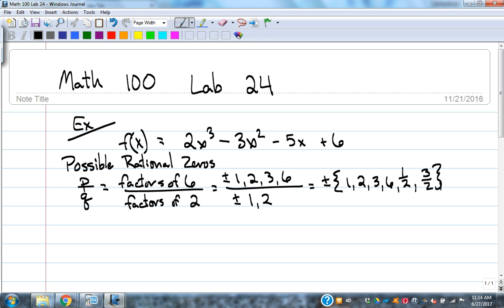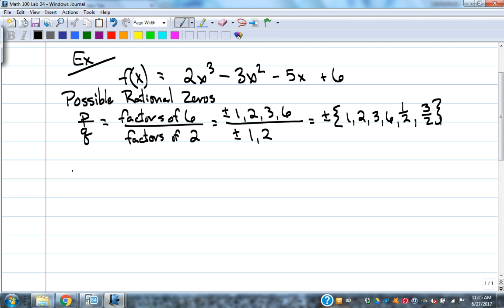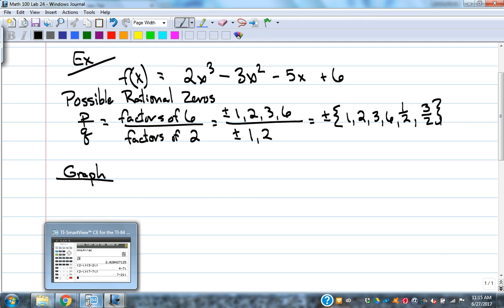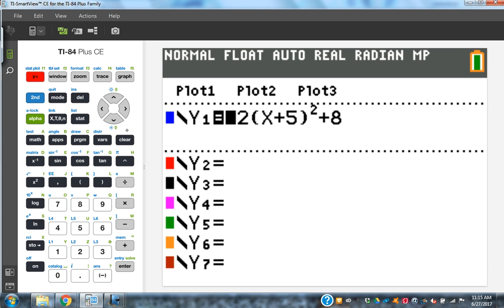From there, I would take a look at the graph for this polynomial. So I'm going to graph it. And so on the calculator, y equals 2x to the third minus 3x squared minus 5x plus 6.